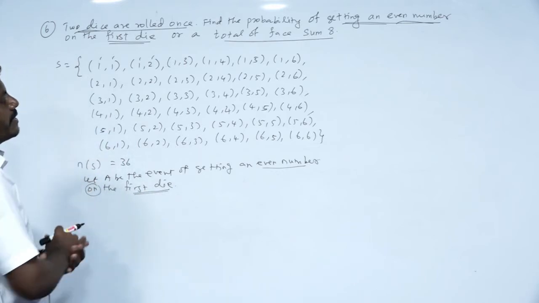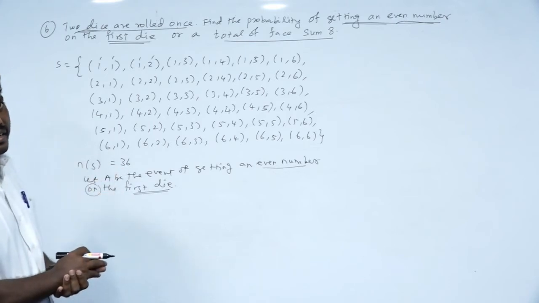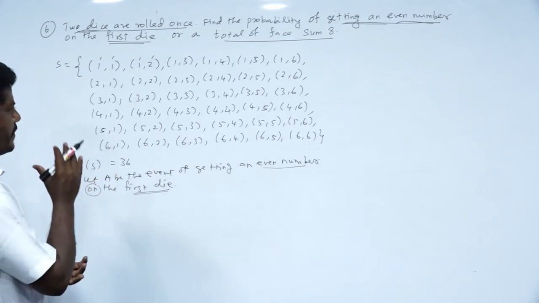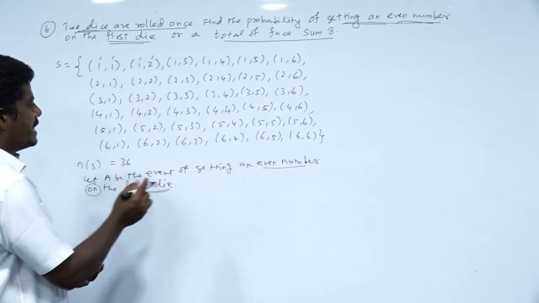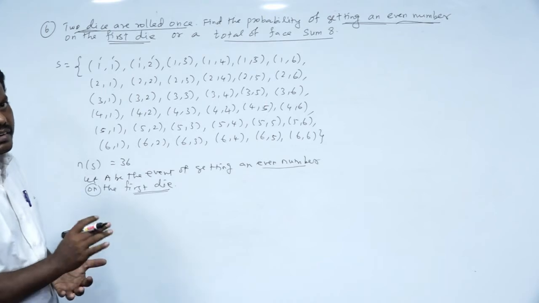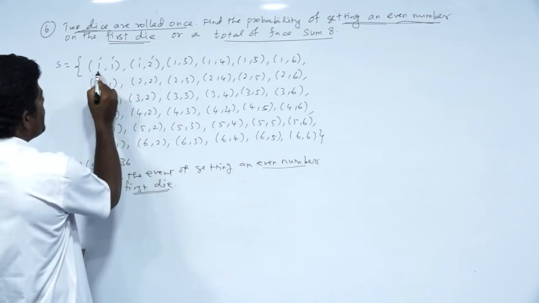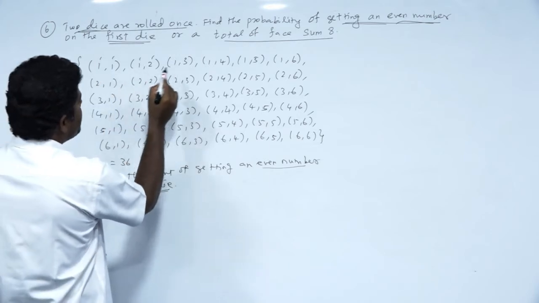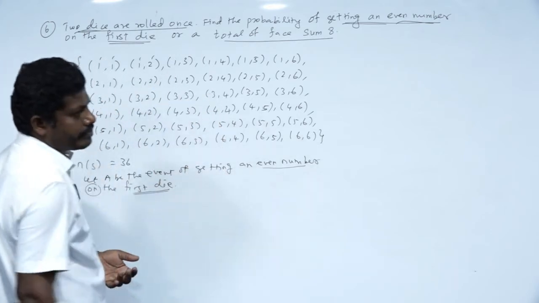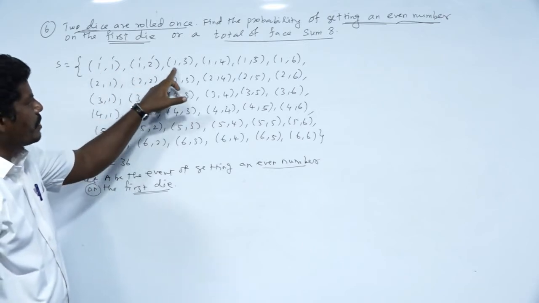So first values are first day outcome, second values are second day outcomes. You see first values, my dear students. If it is even we can take it, otherwise we can leave that. Understand? So in first row, all the first day's outcomes are 1.